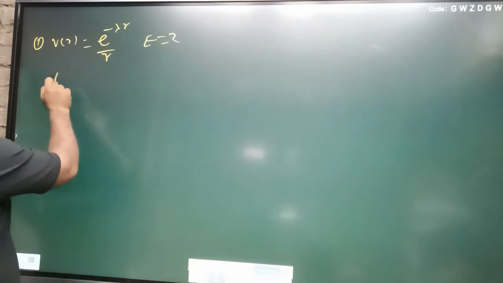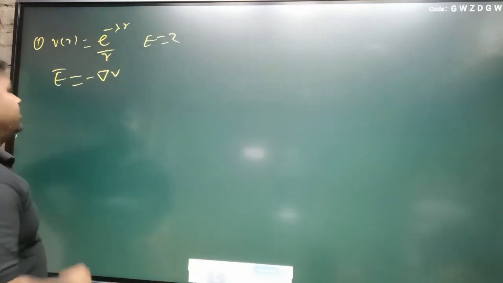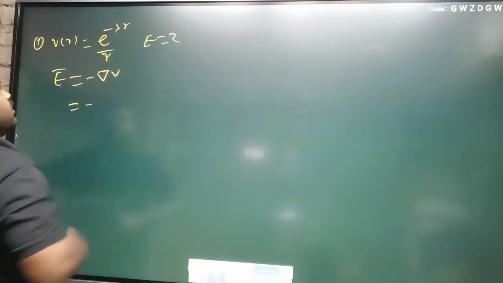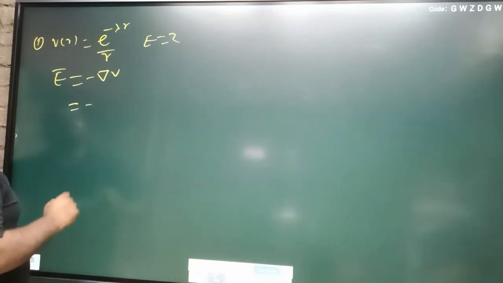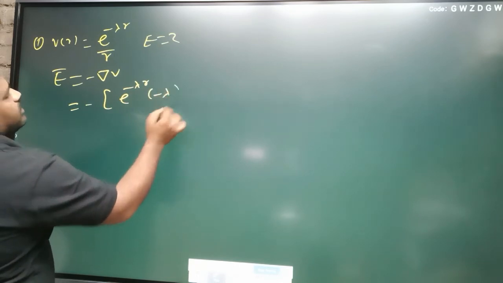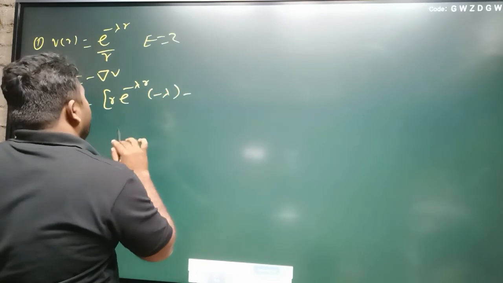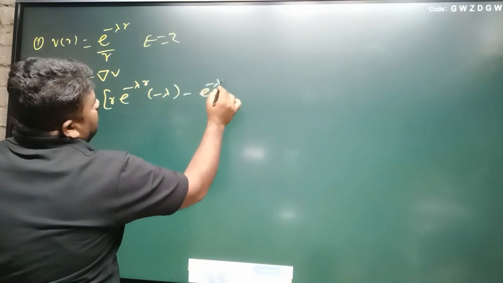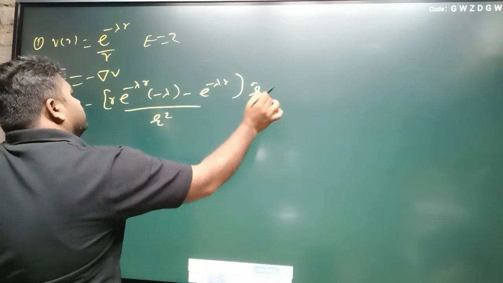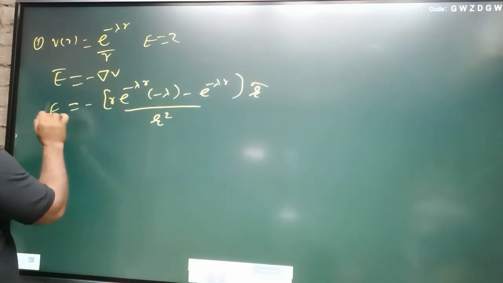E bar is equal to minus del V. E to the power minus lambda R upon R, derivative. Minus lambda, R as it is. Second one minus R derivative 1, e to the power minus lambda R upon R squared, direction R cap. Okay. This is the electric field E bar.